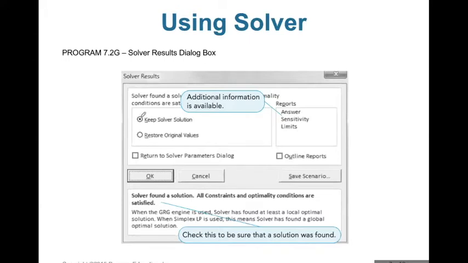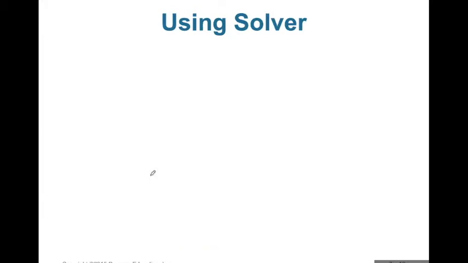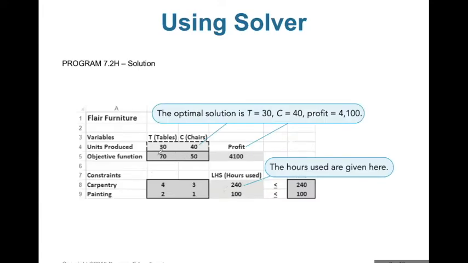You get a message: the solver found a solution, right? To keep the solver solution, then you can click on open button, and then you're gonna see the results, right? So 30 and 40. We already got these two numbers when we used the graphical solution approach. So this is about computer solution.